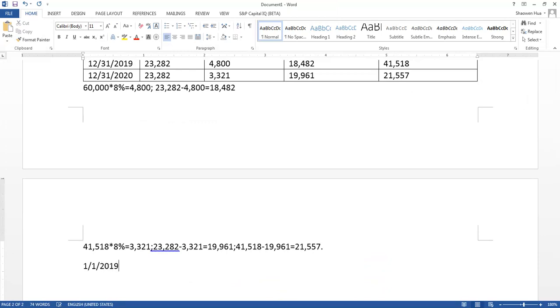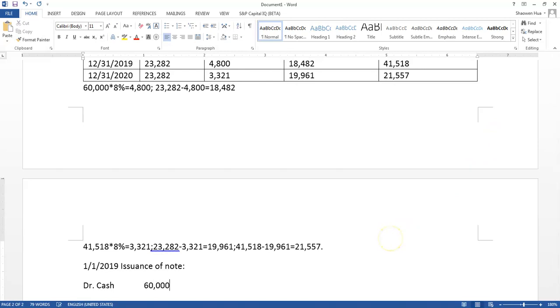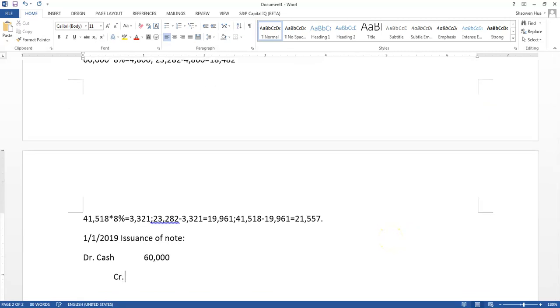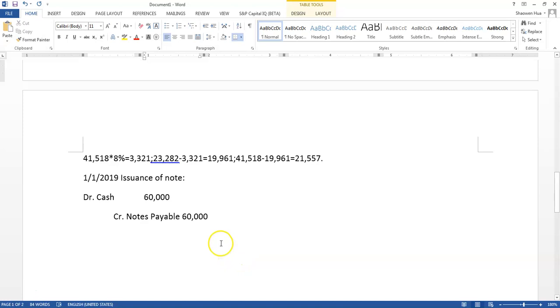January 1st, 2019. I will debit cash because I received money from the lender of $60,000, and I will credit a liability called notes payable for $60,000. And the second transaction is the payment of $23,282.